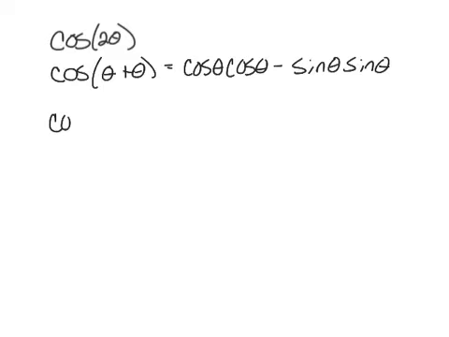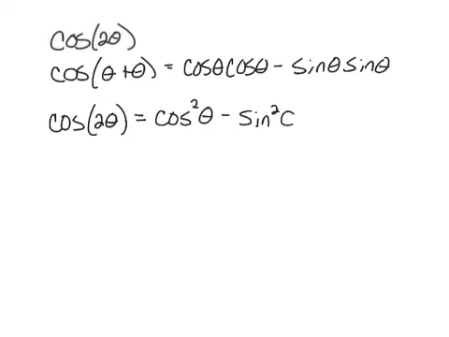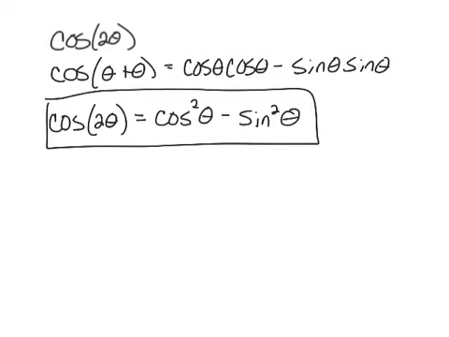So the shortened version of this, the double angle identity for cosine, is cosine squared, that's a 2, minus sine squared. That's one version of the cosine of 2 theta.